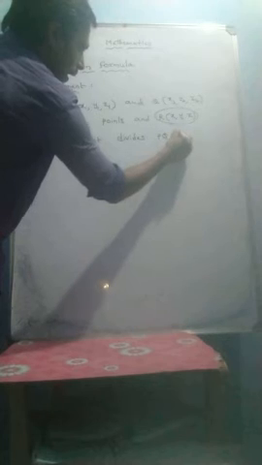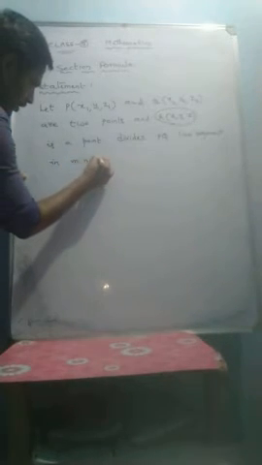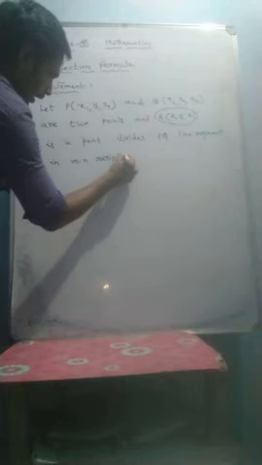So R is a point that divides the PQ line segment in the ratio M is to N internally.